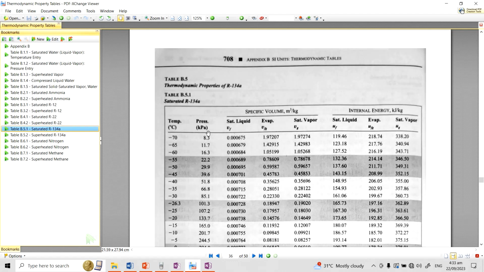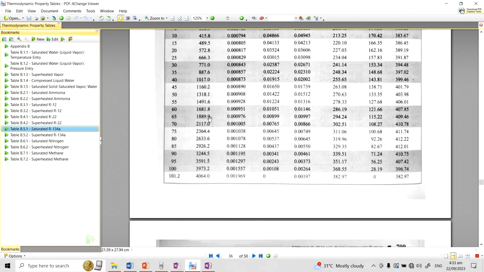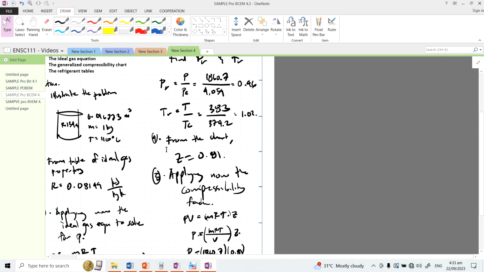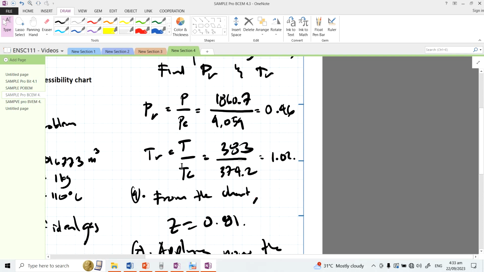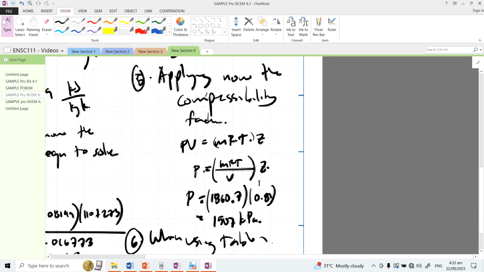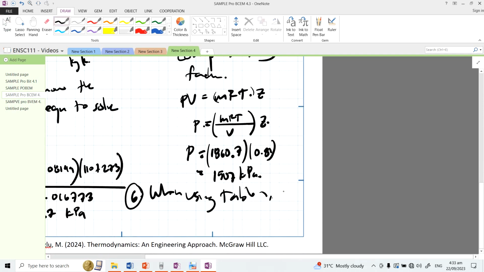It's actually superheated because, check again, we are above the critical temperature. Our temperature T is 383, while the critical temperature is just 374. So when using tables, since T is greater than the critical temperature, that means we are in the superheated vapor region.